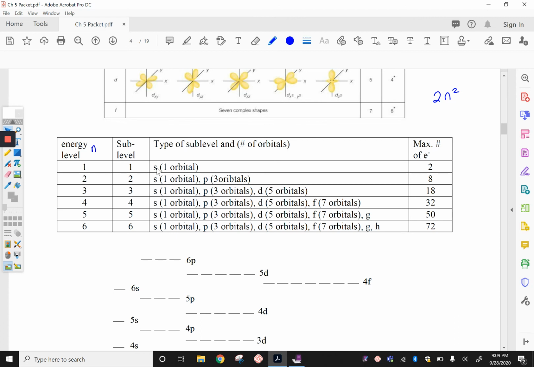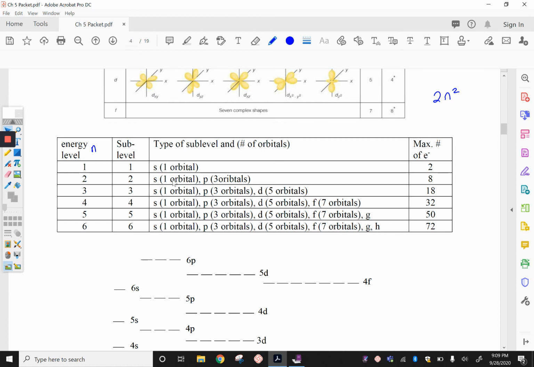It just has the s. And the s has one orbital. Now, each of these orbitals takes up to 2 electrons maximum. And so since the first energy level only has the one orbital from the s, it can occupy up to 2 electrons. The second energy level has 2 sublevels.